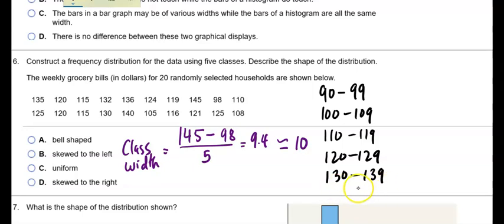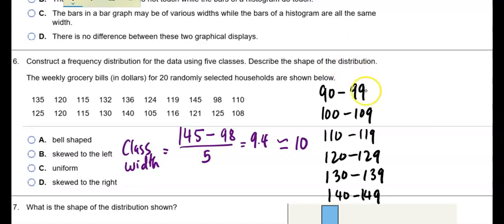But if I make the class width 11 and start from 95, I might get 5 classes. Even if it's 5 classes, we can still make 6 classes to see the shape of the distribution. So it looks like I need 6 classes here, with the last being 140 to 149.